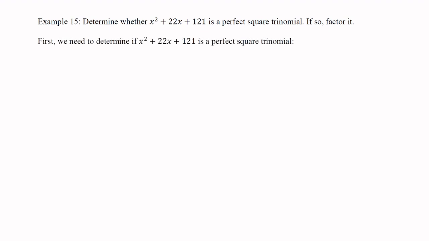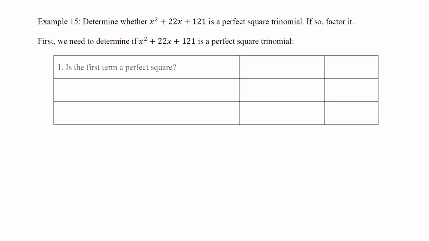First, we need to determine if it's a perfect square trinomial. Is the first term a perfect square? Yes, it is. Is the last term a perfect square? Well, 121 is 11 squared, so yes, it is. So now, in the process of answering these two questions, we have found that the square roots of the first term and the last term are x and 11 respectively.